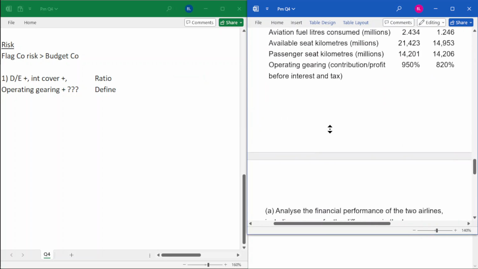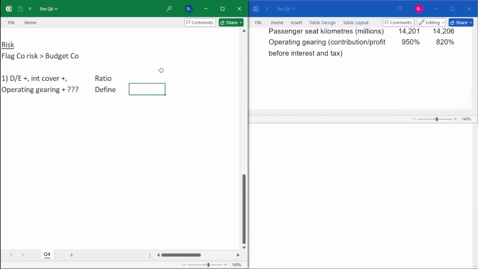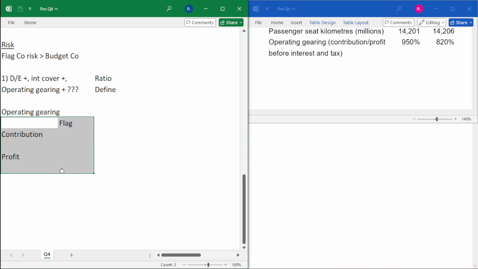Let's say operating gearing is contribution over profit. So for Flagco it's 950 over 100.